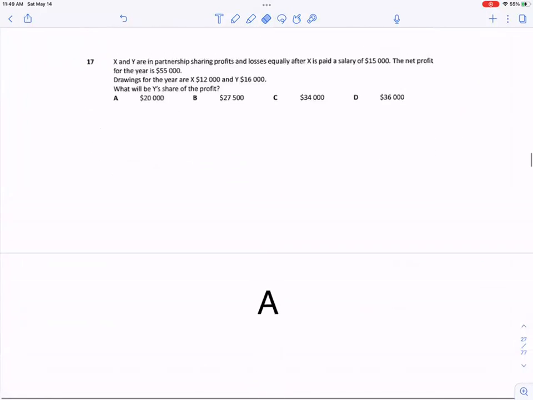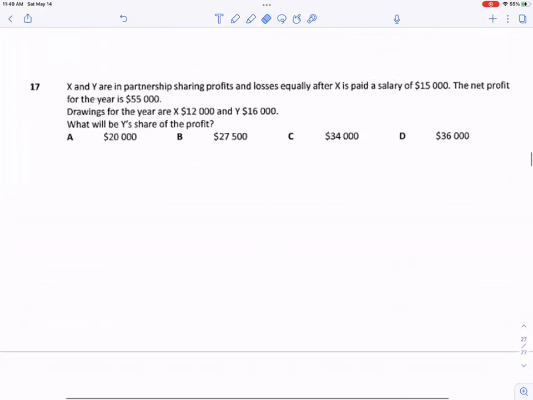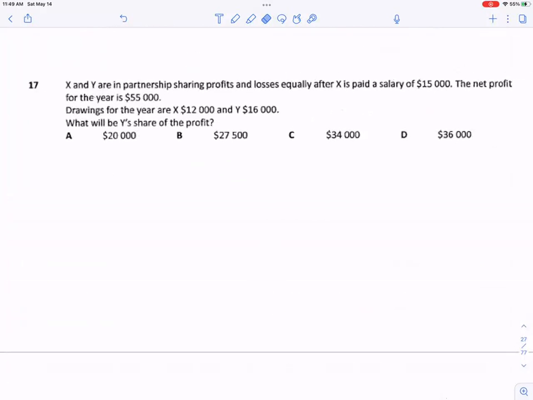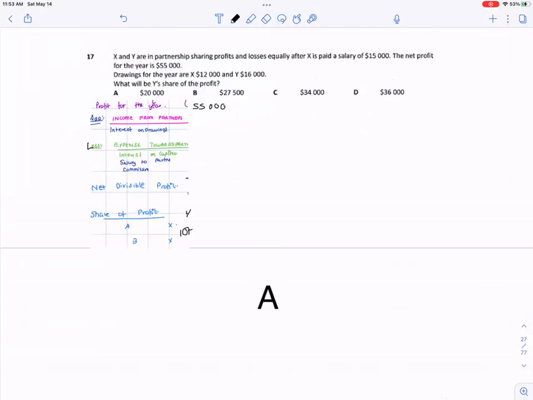Come on, try this one. I want you to try hard. Is the salary to the partner an expense towards partners? Salary, yeah, 15,000. So what is the net divisible profit? 40,000.